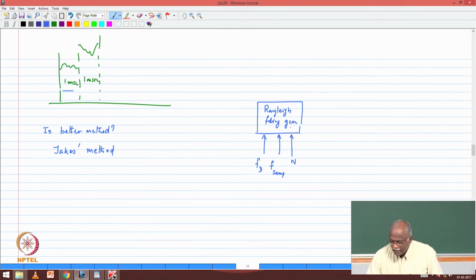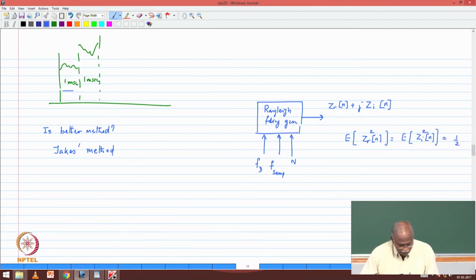I need to specify, and the output should be ZR of n plus j times Zi of n, which has the correct autocorrelation function that we are interested in. So, the properties that this one should satisfy: expected value of ZR of n whole squared is equal to expected value of Zi of n whole squared, which should be equal to 1/2, right?